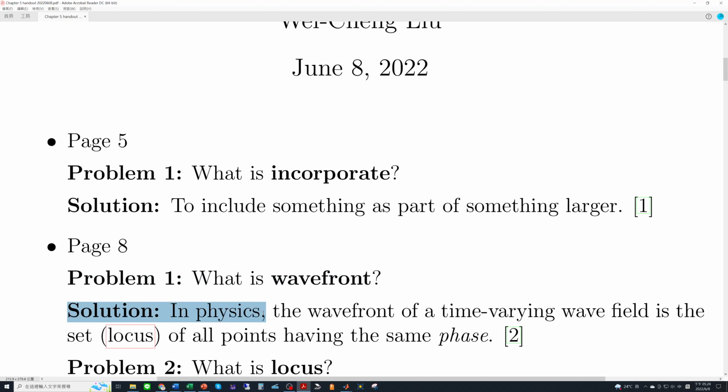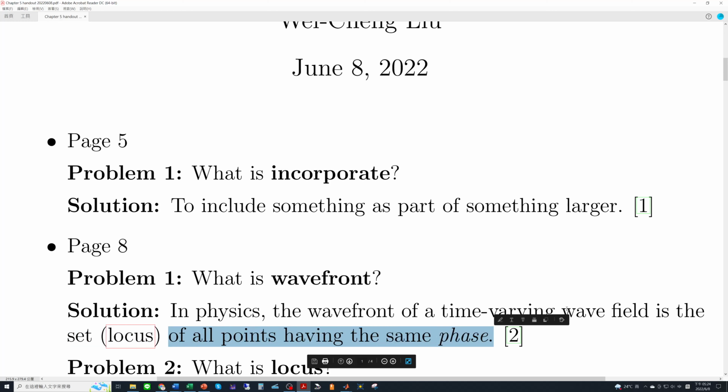In physics, the wave front of a time-varying wave field is the set or locus, we will introduce the meaning of locus later, of all points having the same phase.